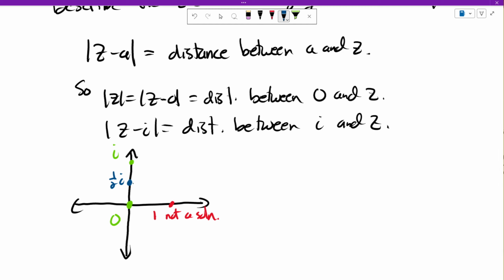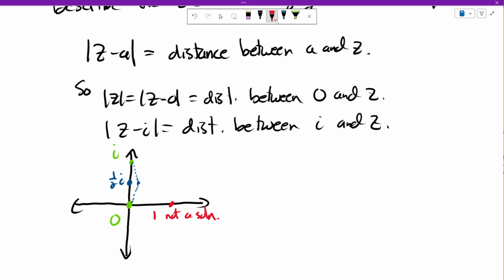So what do we need to make sure? Well, if we go out a little bit, we want to make sure that our distance to i and 0 remains the same. And if you think way back to a course in Euclidean geometry, for example, the set of points that has the same distance to two given points is the perpendicular bisector of the segment joining those 2 points.